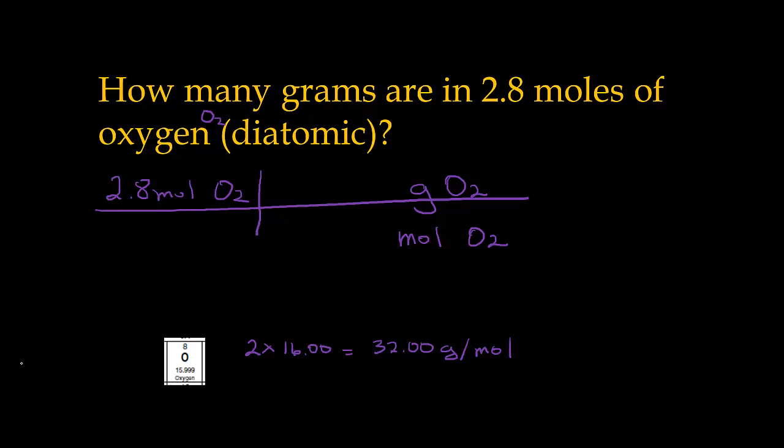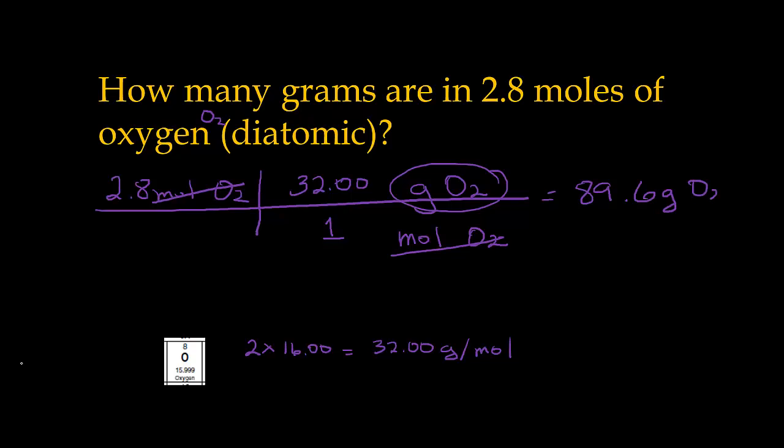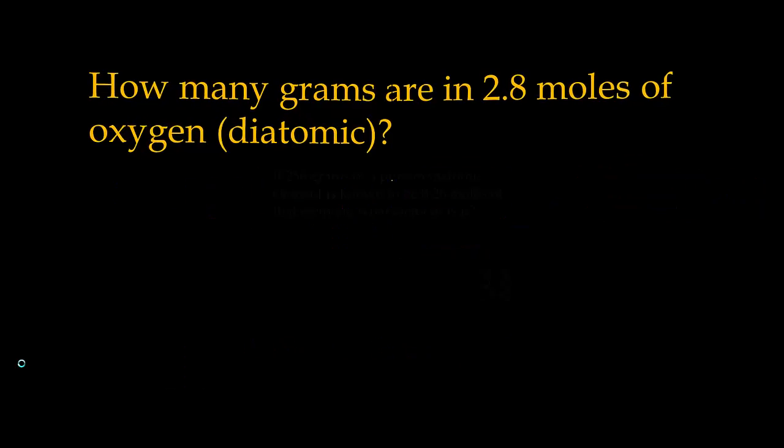The 32 grams in 1 mole needs to go on top, next to the grams, and we put 1 on the bottom. Now our moles of oxygen, we have 1 on top, 1 on bottom, so they cancel out, and we're left with grams of oxygen. If we multiply this out, 2.8 times 32 divided by 1 is 89.6 grams of oxygen. There's your answer.